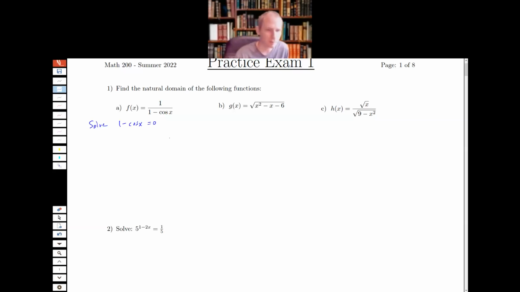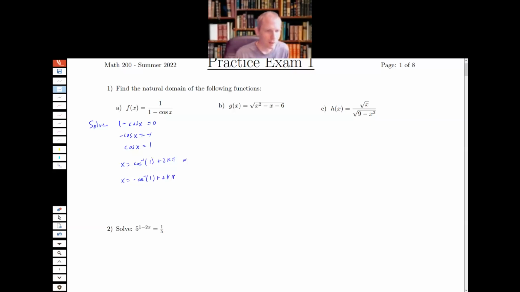that equation. Okay, so negative cosine x equals negative 1, so cosine x equals 1, so I'm solving this trig equation, and so I get x is cosine inverse of 1 plus 2k pi, or x is the opposite of cosine inverse of 1 plus 2k pi.